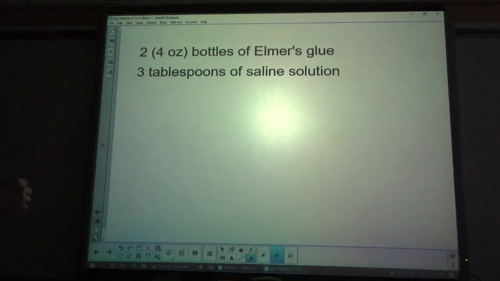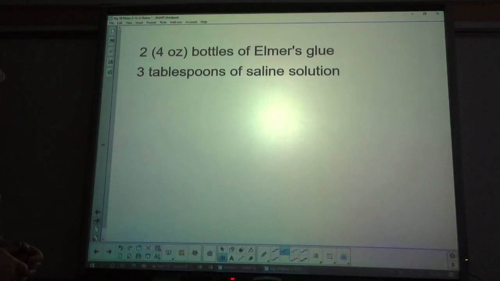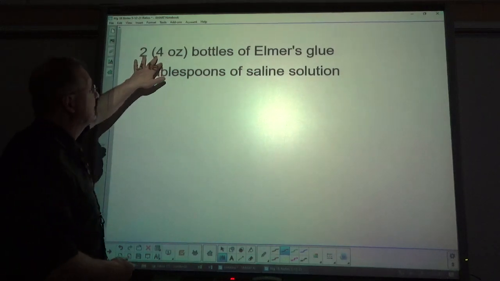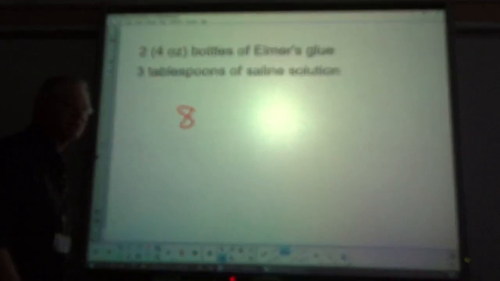So now we have part of a recipe for slime: 2 4-ounce bottles of Elmer's glue and 3 tablespoons of saline solution. To set up this ratio, because recipes are nothing more than a big ratio, how many ounces do we have? We have 8 ounces, 2 times 4.